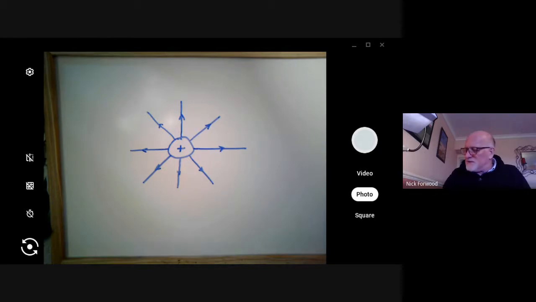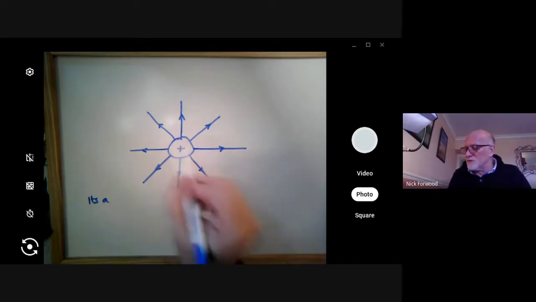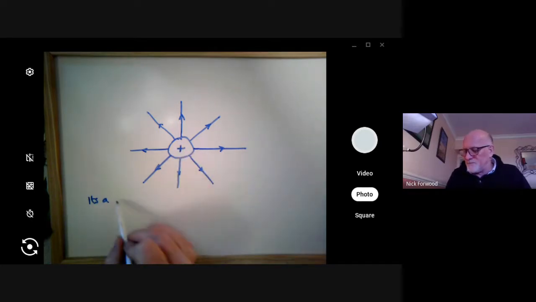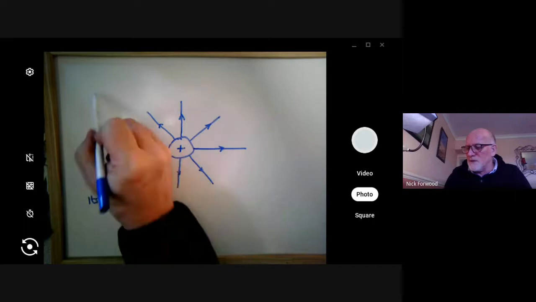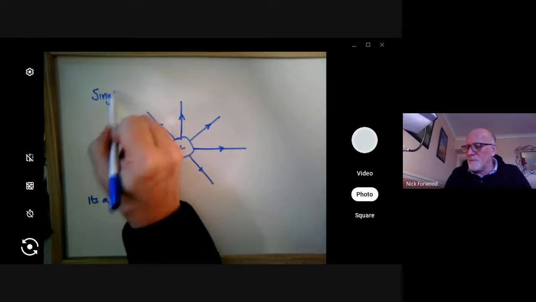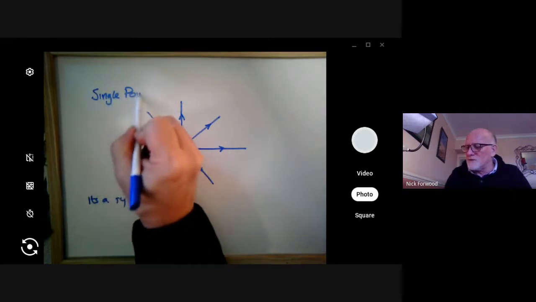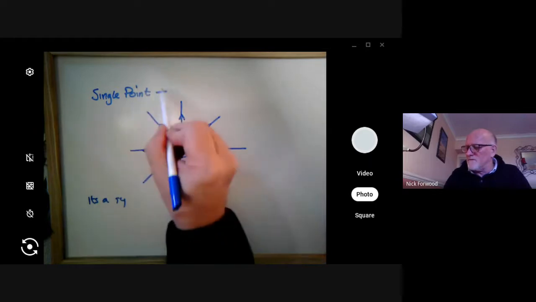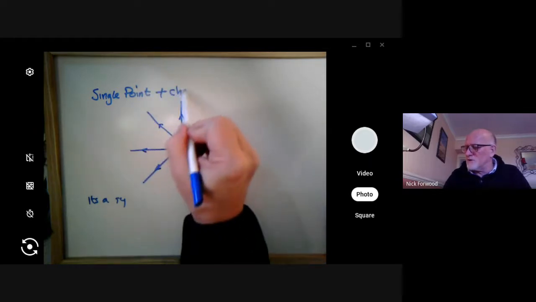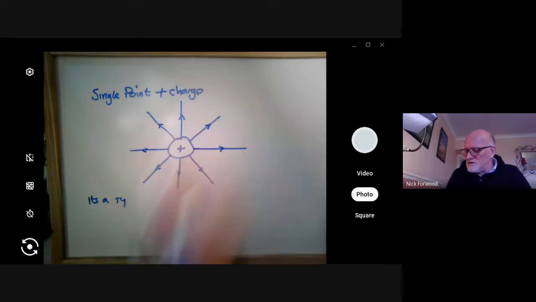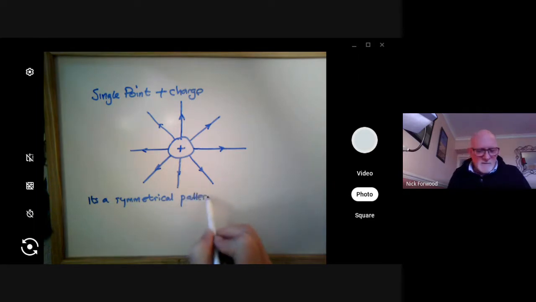So this pattern is symmetrical. In this case, this is what's called a single point positive charge. So this is a symmetrical pattern for a start off.